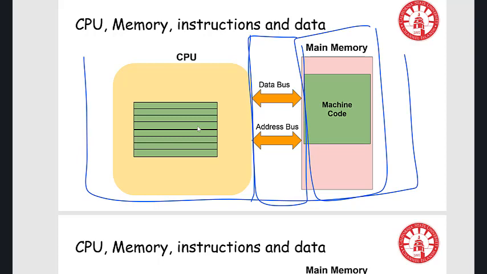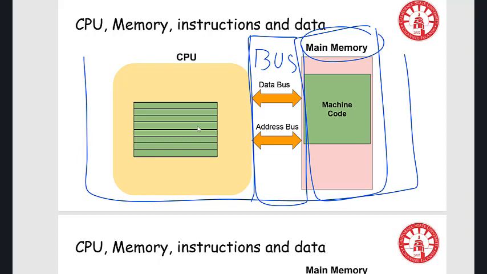So the CPU in general contains general purpose registers and an arithmetic logic unit, as we will be explaining next. And then we're going to have the bus interface unit, where the purpose is to transfer the data between the CPU and memory unit.